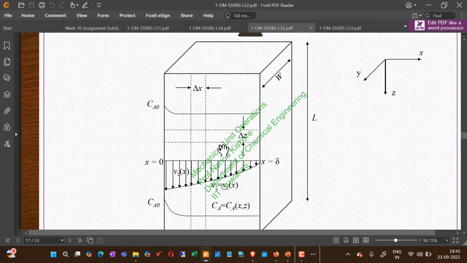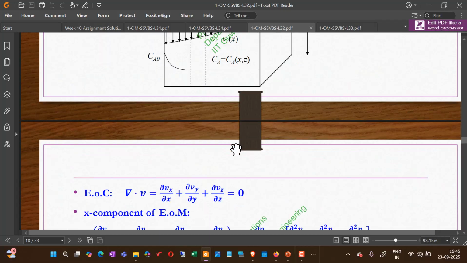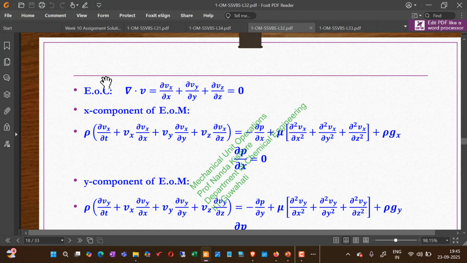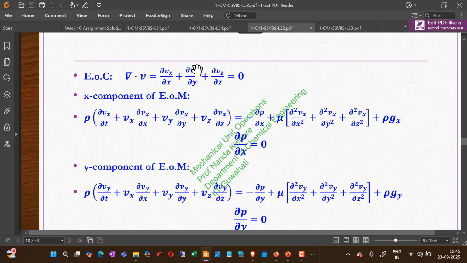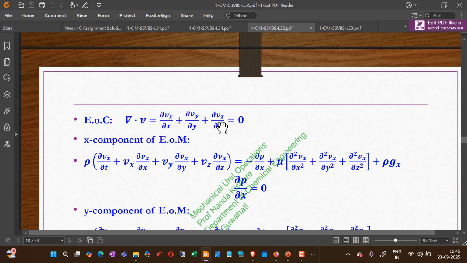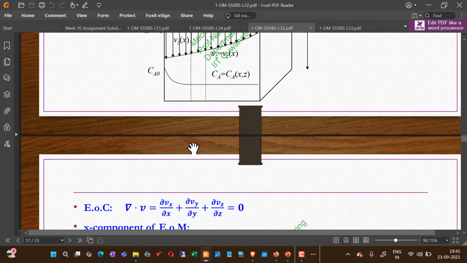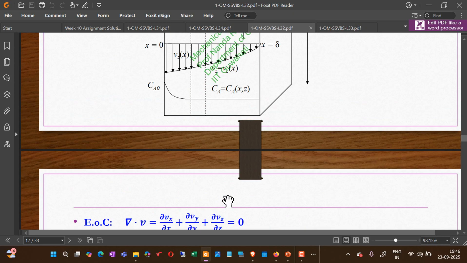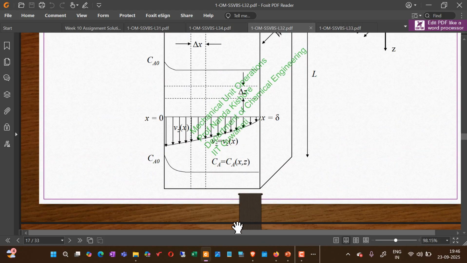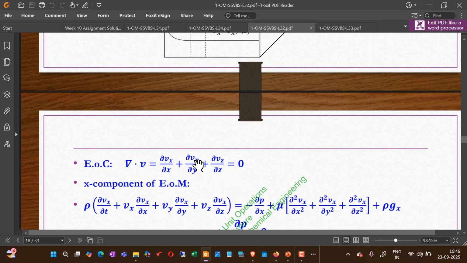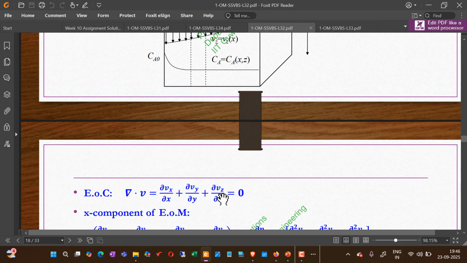Okay. So in such a problem, again you start with the equation of continuity. Accordingly, it is satisfied, and you are not having any variation in Z. So Vz is here, del Vz by del Z. It is not changing with Z because Vz is only a function of X, and Vx and Vy are zero.